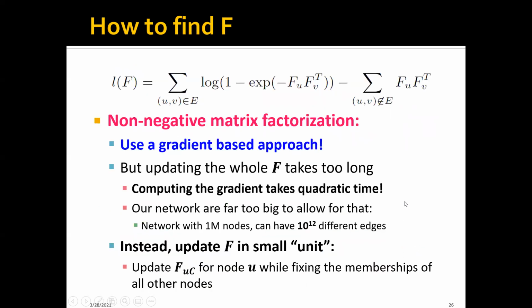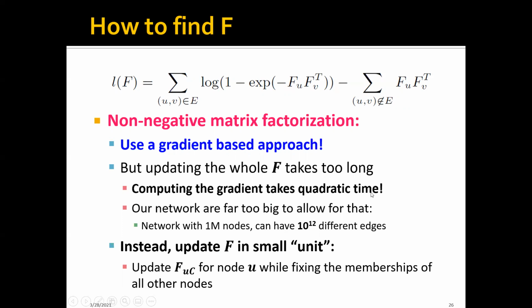So we can see that this is basically a non-negative matrix factorization problem, and we can solve this using a gradient-based approach. But actually, updating this whole large matrix F will take a very, very long time, and this is because computing the gradient will take quadratic time.